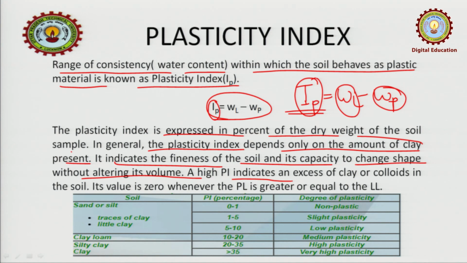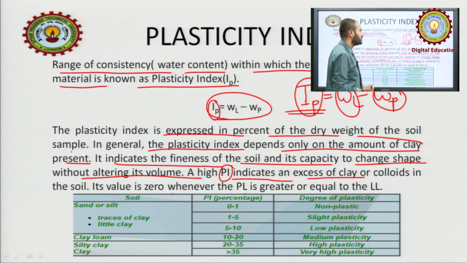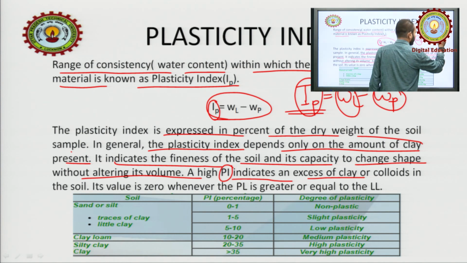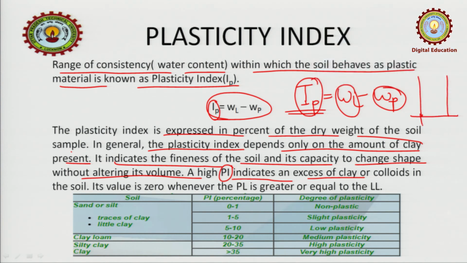A high plasticity index indicates that an excess of clay is there. Why? Because in the previous class, if you remember, I told you that plasticity and plastic properties are only talked about for fine grained soil. And what is fine grained? Fine grained is clay. So if the soil has a very high plasticity index, this means it has a very high range in which the soil will remain plastic.